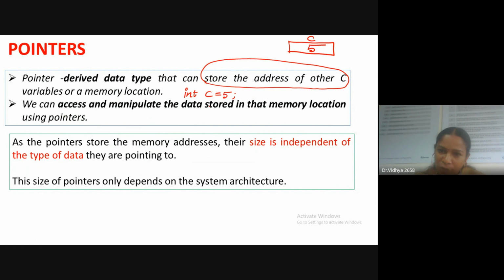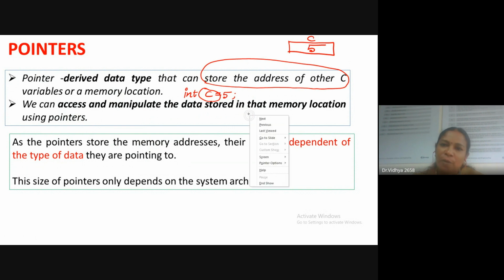But if the same variable c is declared as a pointer, instead of storing the value, it will store the address of another variable. We cannot just assign the value 5 to this variable. We will be assigning the address of another variable.